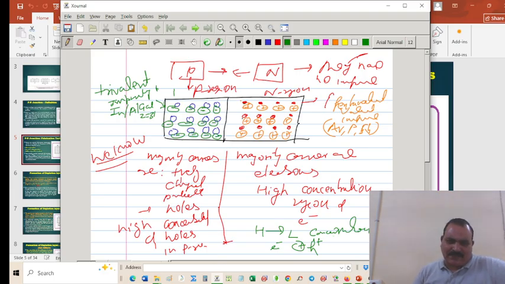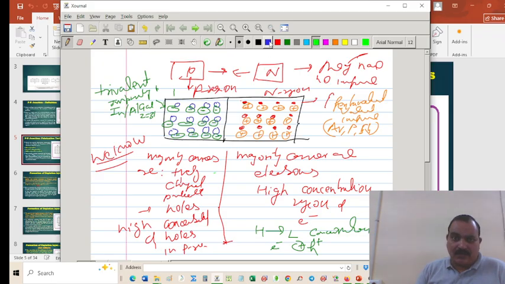Now the scenario will change. In the very first step, when you just fabricate the PN junction diode, the process takes place very instantaneously.